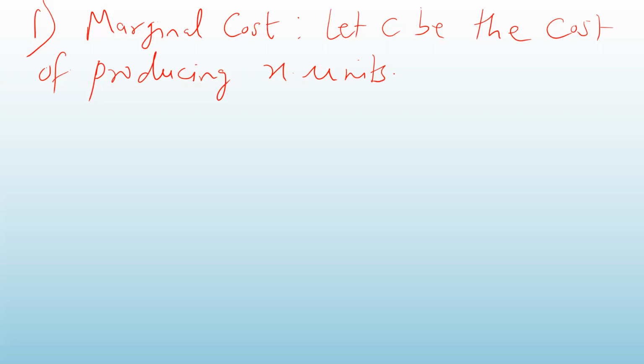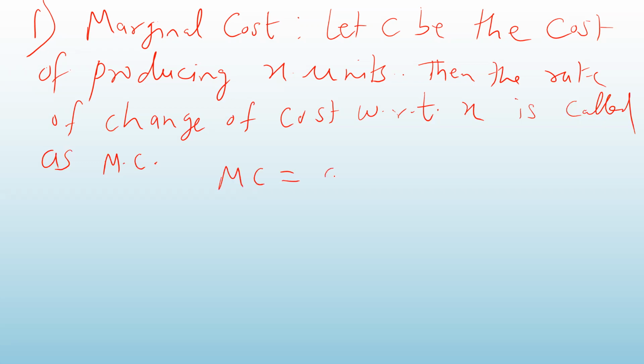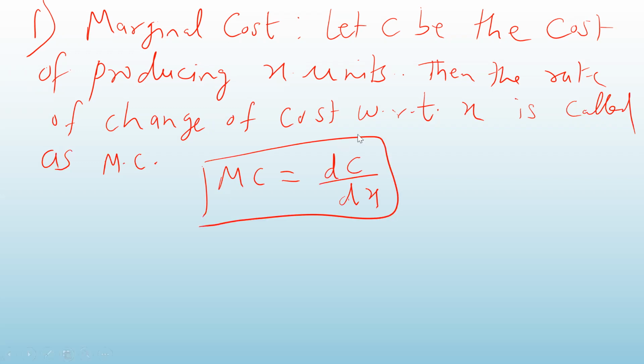So if C is the cost of producing X units, then the rate of change of cost with respect to the number of items produced, that is X, is called marginal cost. And it is given by marginal cost is equal to the derivative of C with respect to X.